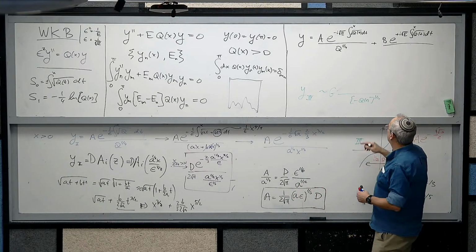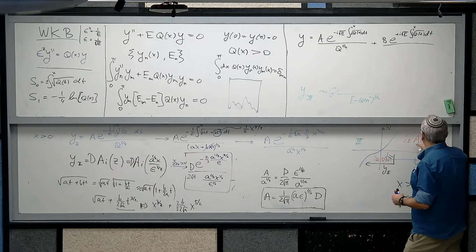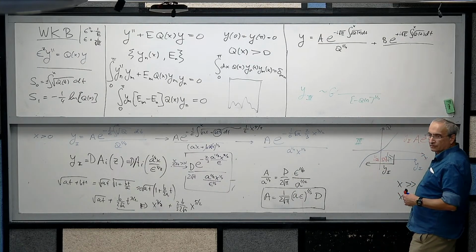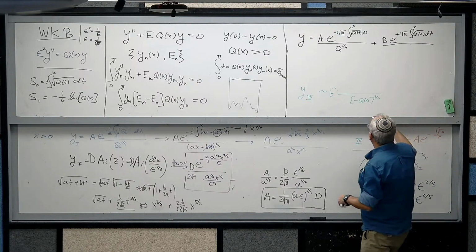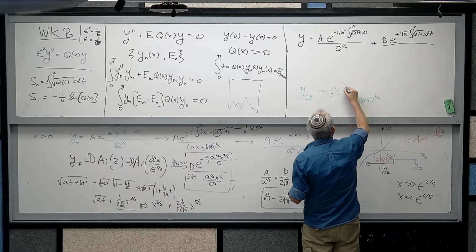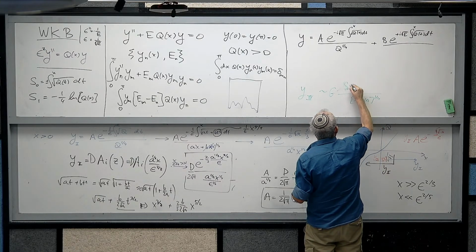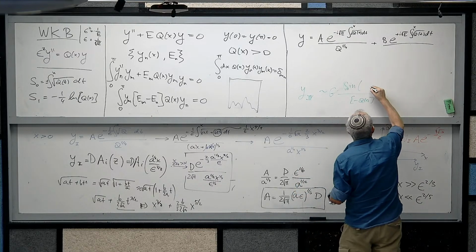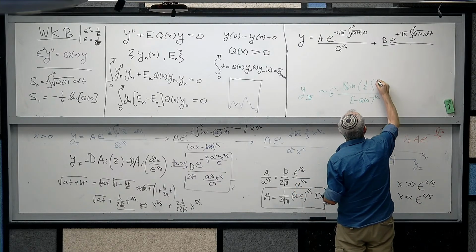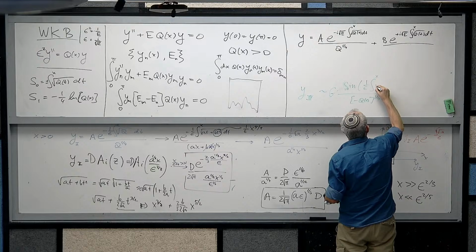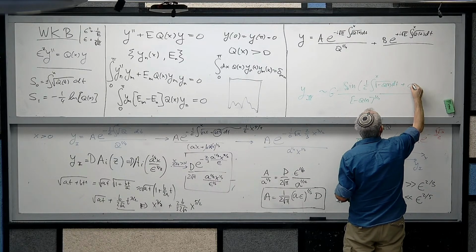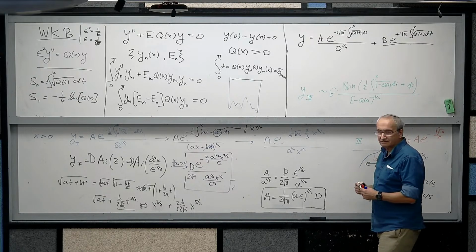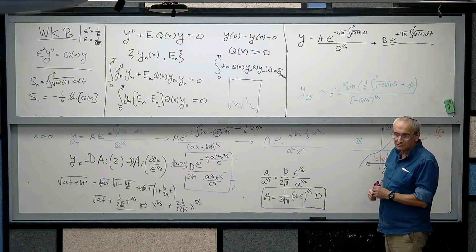And what I will have here is an exponent, not of the integral of the square root of q, but of i square root of minus q. So I can write it as sine of 1 over epsilon integral up to x of square root of minus q dt plus some arbitrary phase, because this is the most general solution.